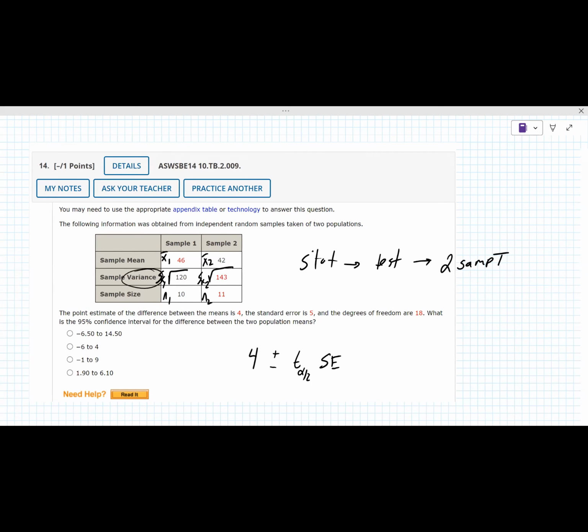Your C value is 0.95 because of the 95% there. So go ahead and calculate that. And I think you'll see that it's one of these values.